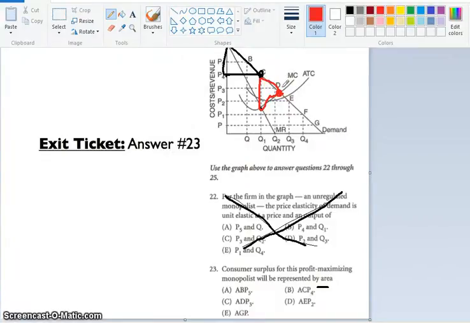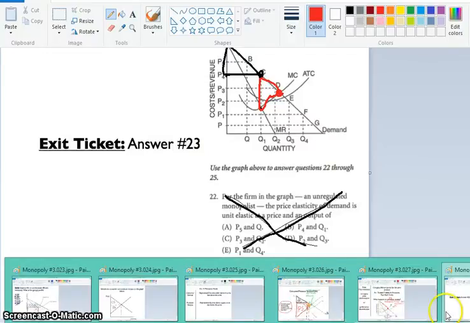And it would be 0, because now you would produce out at this quantity here, and this is your allocatively or socially optimal level of output. So you would get no deadweight loss. This would be the equivalent of producing at equilibrium in your perfectly competitive marketplace. So there would be no deadweight loss.